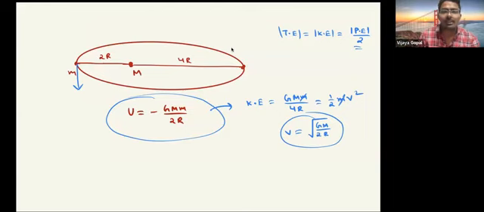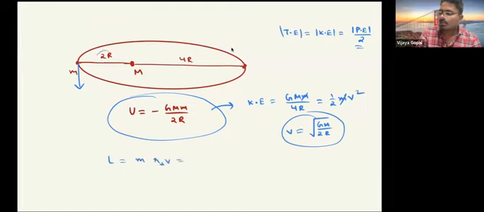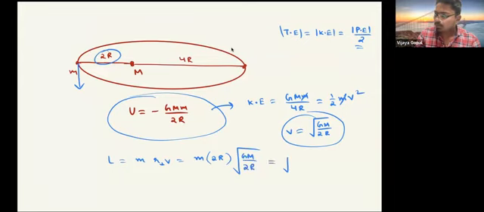Once we get the v value, what about the angular momentum formula? Angular momentum L is m into r perpendicular into v. So r perpendicular in this case is simply 2r. So small m into 2r into orbital velocity, which is under root of GM by 2r. So what will be the final answer?